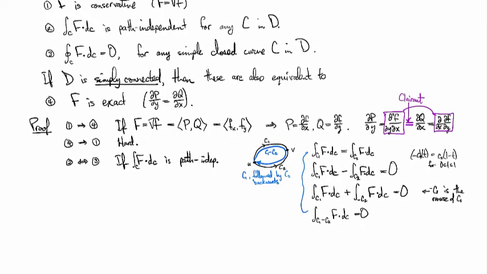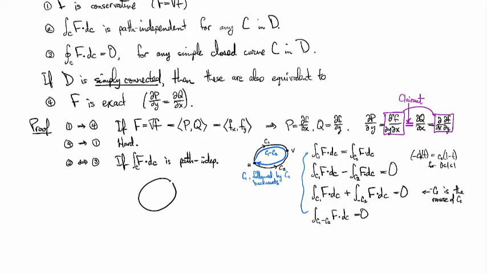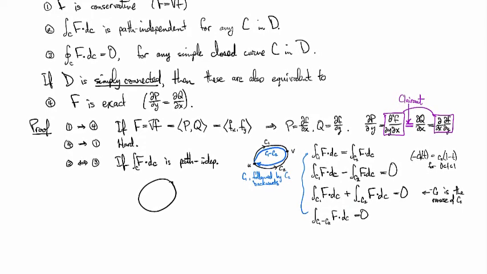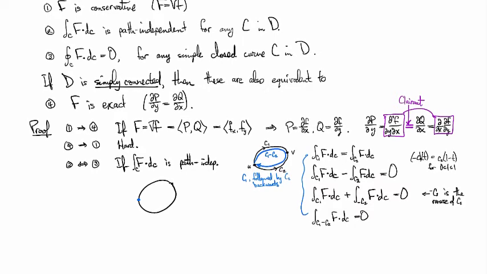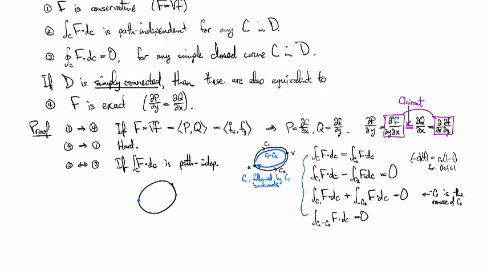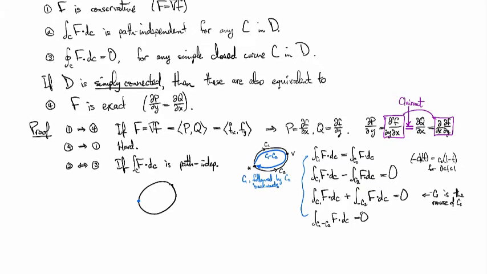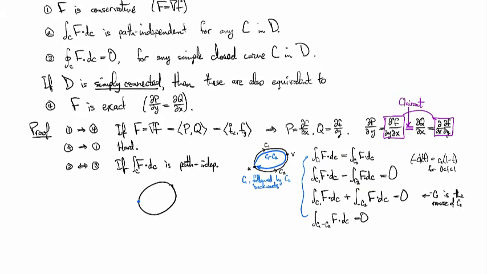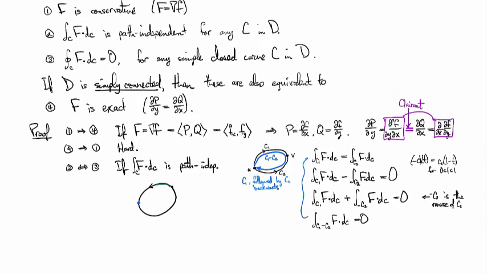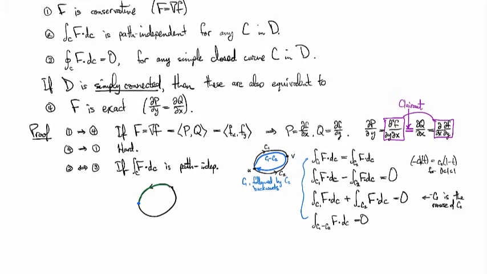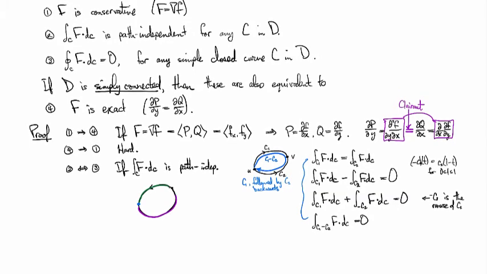Because if you start with a closed loop, then you can just cut it at any other point and say, okay, well, if the integral around the entire thing is going to be equal to 0, then that means that the integral across the first, say, green part has to be equal to the negative of the integral along the purple part.